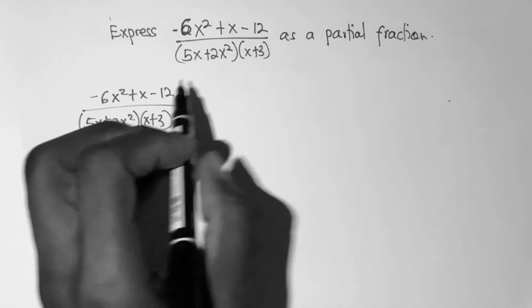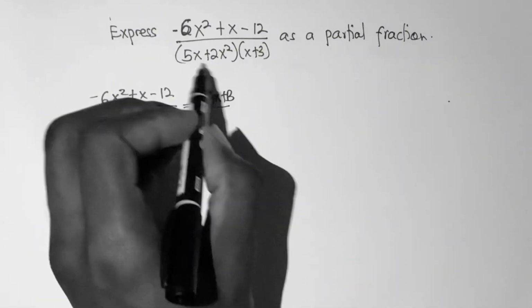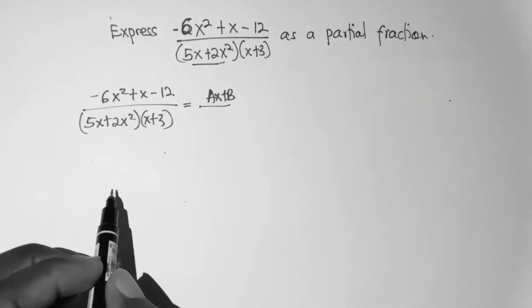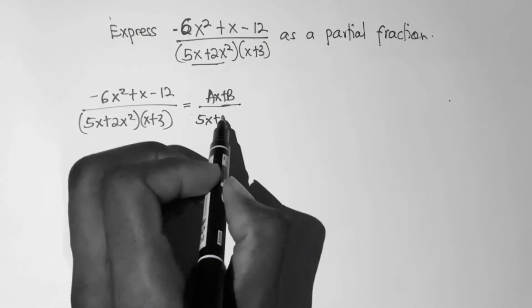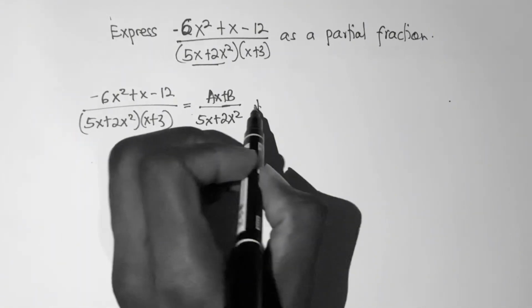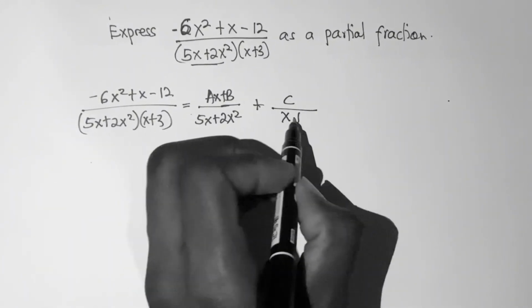This can be written as ax plus b, because this is a quadratic function, so ax plus b divided by 5x plus 2x squared, and plus c divided by x plus 3.